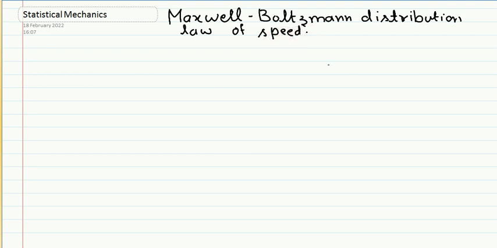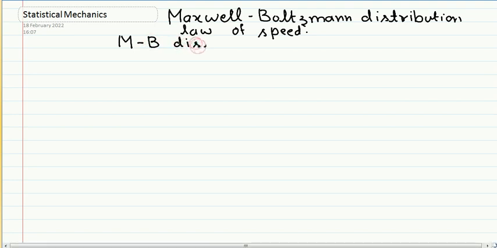So we are discussing the speed of molecules in a gas, and we know that the Maxwell-Boltzmann distribution, in short written as MB distribution, comes in classical statistics.